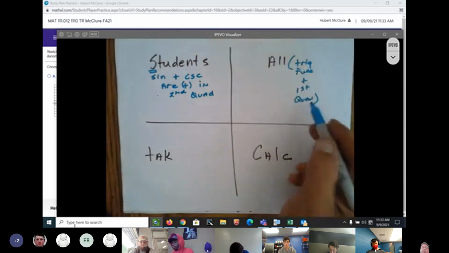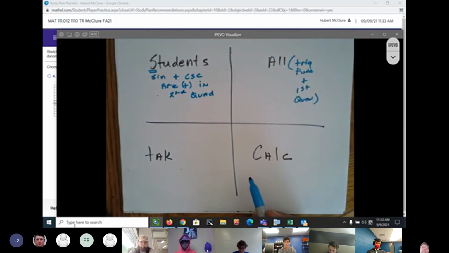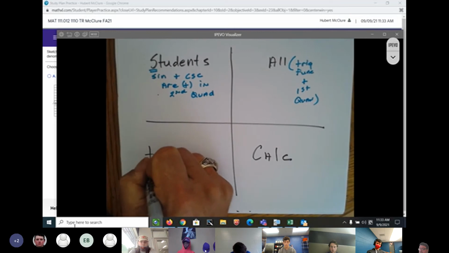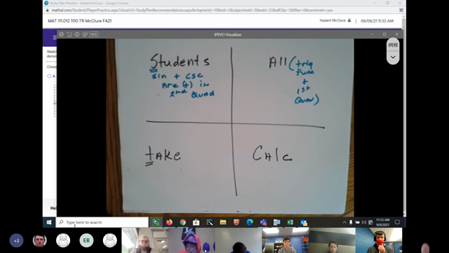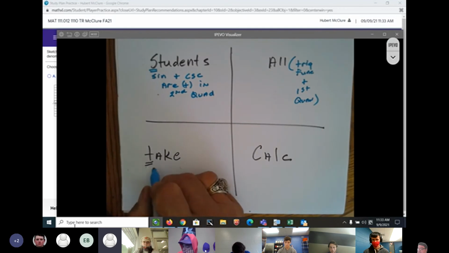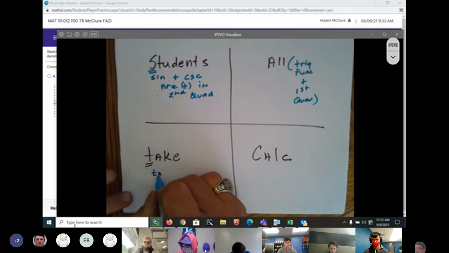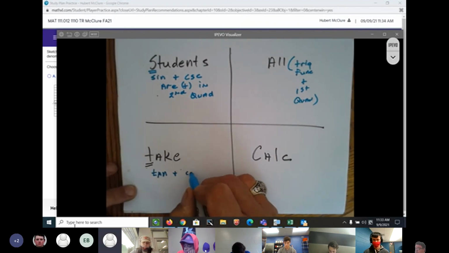All means all trig functions are. So what would T be? What trigonometric function do you think is going to be positive in the third quadrant? Tangent. And what's its reciprocal? Cotangent.